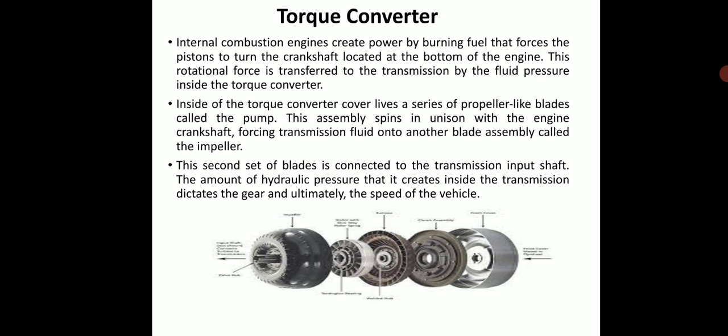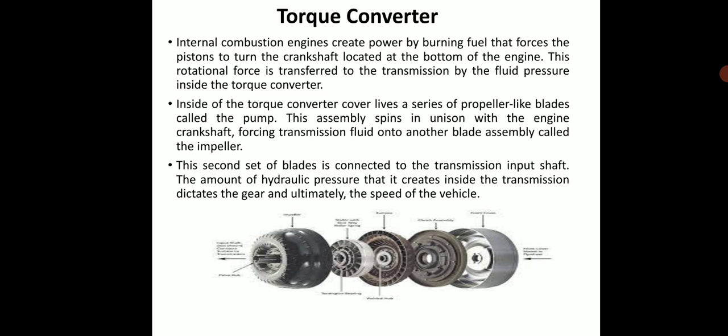Then there is the torque converter. The internal combustion engine burns fuel that forces the pistons to turn the crankshaft at the bottom of the engine. This rotational force is transferred to the transmission by the fluid pressure inside the torque converter. Inside the torque converter cover is a series of propeller-like blades called the pump.